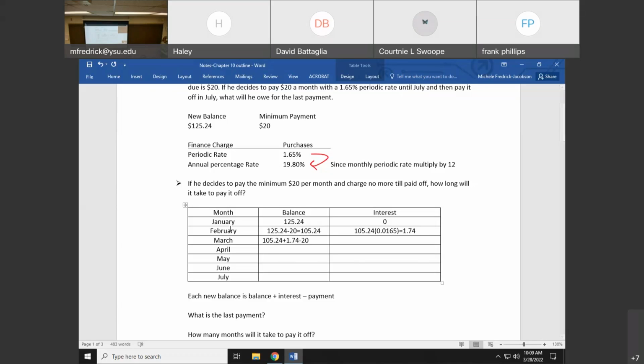So to find March's balance, you take February's balance plus the interest minus any payment.